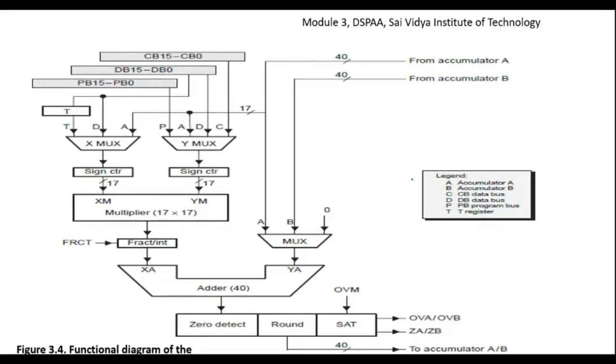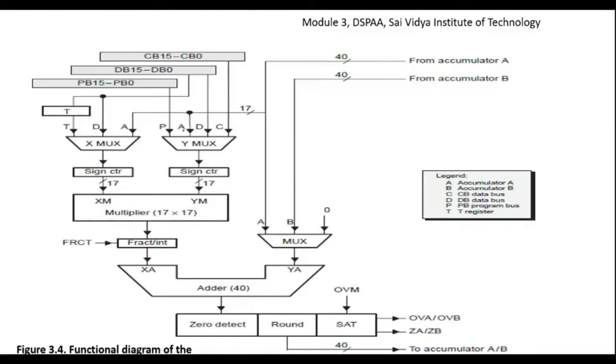So in this multiply and accumulate unit, if you just observe, here it is T, D, A, P, A, D, C. T means temporary register, D means data bus, A means accumulator. Again, we have P, it's the program memory, a program address bus or a program bus.